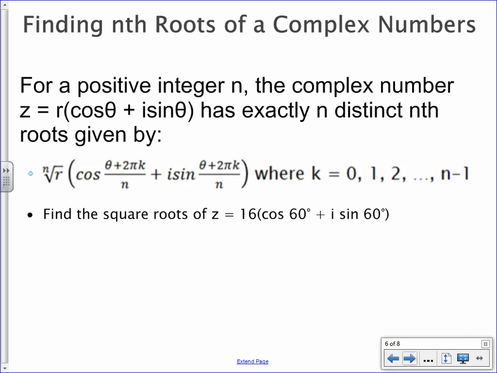You're going to add 2 pi k, or if it's in degrees, 360k, and then divide by n. n is whatever root they're asking for. We're going to do a couple examples so you will see what I am talking about. You are going to be given this formula, so all you need to do is know how to use it.